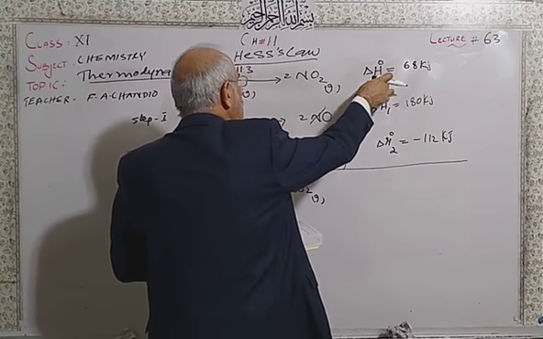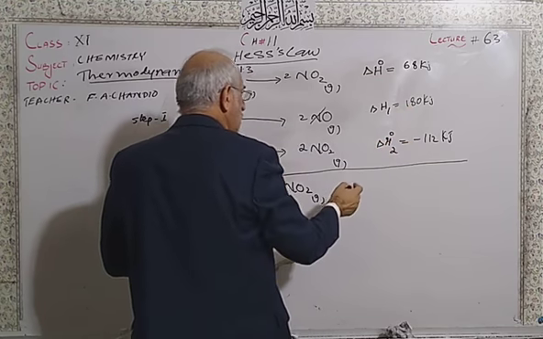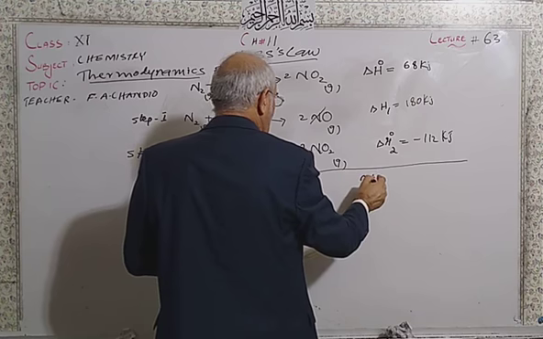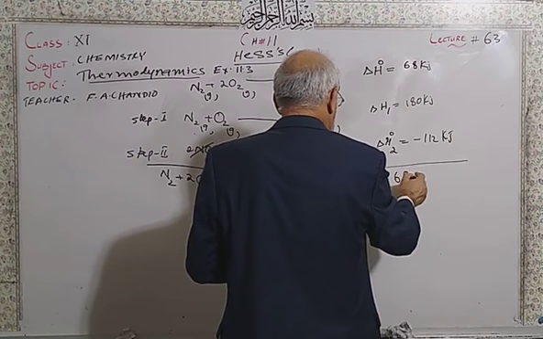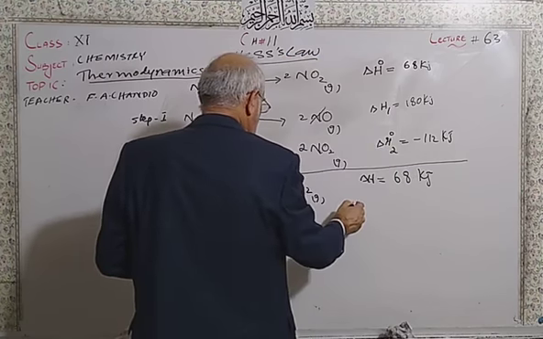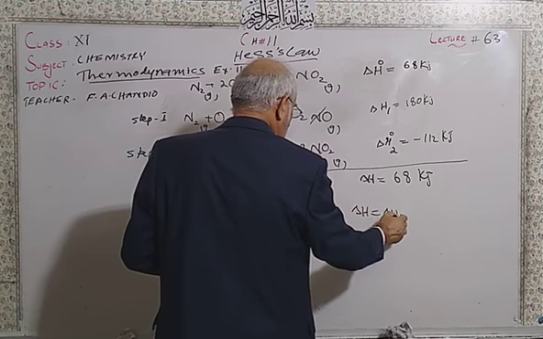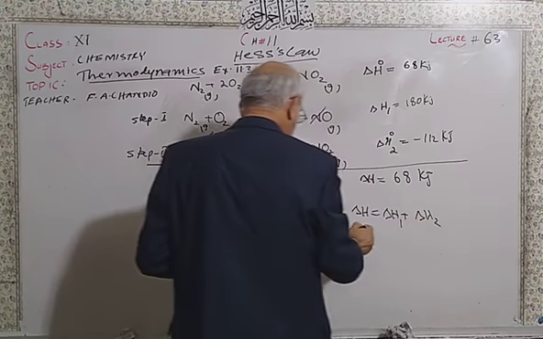So delta H is equal to delta H1 plus delta H2. That's why delta H is equal to exactly 68 kilojoules. Means delta H is equal to delta H1 plus delta H2.